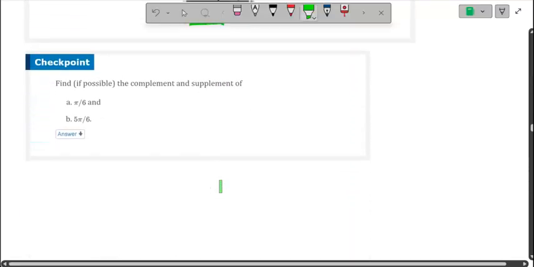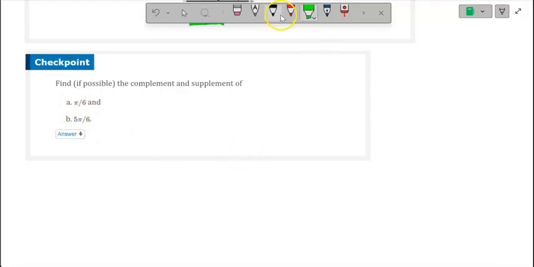All right, so again, what you want to do here, you are not supposed to add or subtract angles here, right? So for instance, for A, I will call alpha pi over 6, all right? If I'm doing the complementary right now, I'm going to have alpha plus beta equals pi over 2, correct?